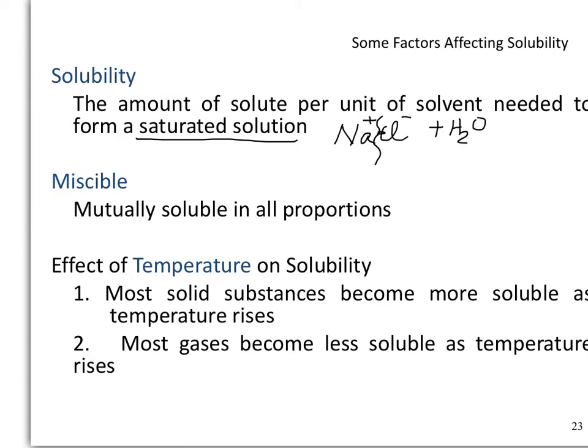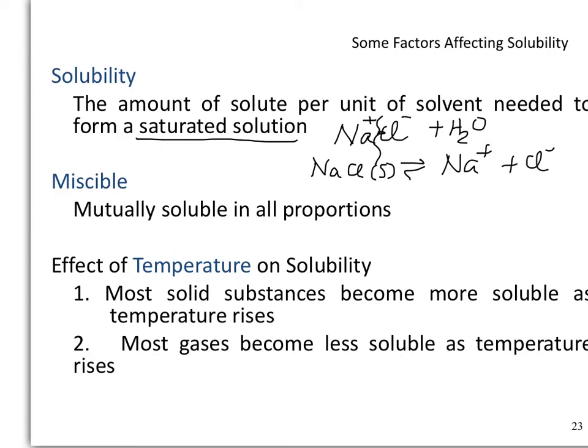And so realize that in this process, as sodium chloride, which originally was in the solid form, begins to form Na plus and Cl minus, the amount of solid NaCl that was present has decreased. And when that happens, the solution becomes more concentrated with respect to the sodium and the chloride.